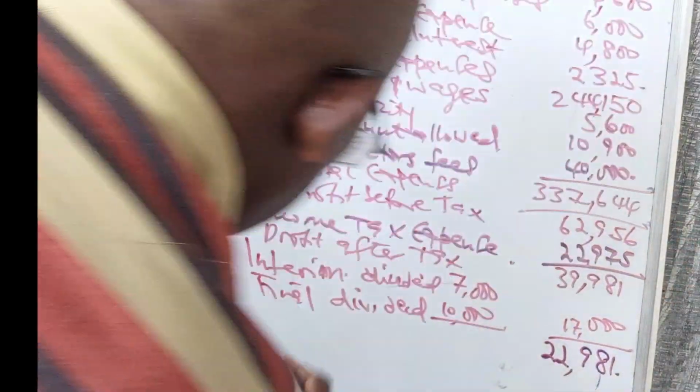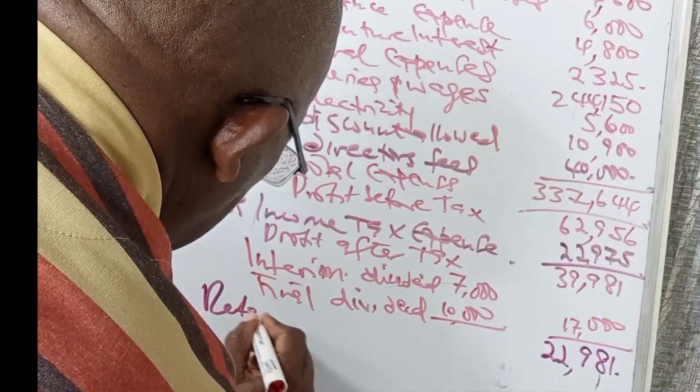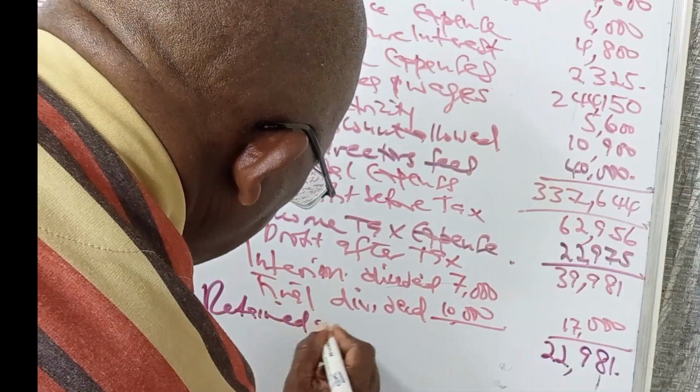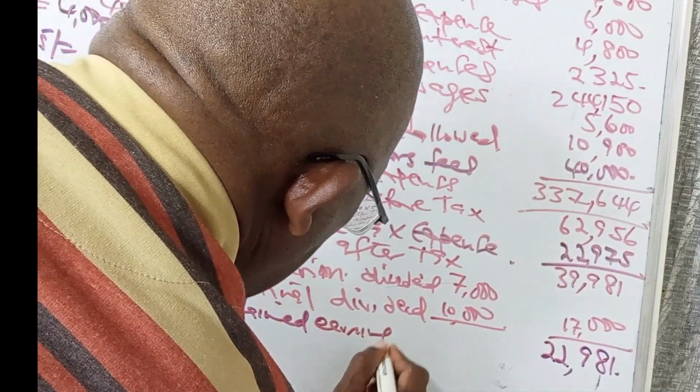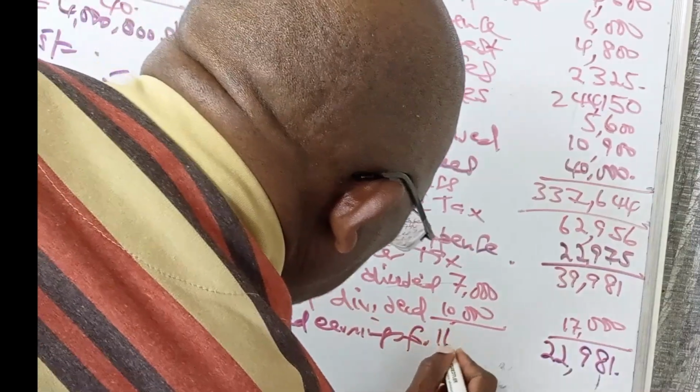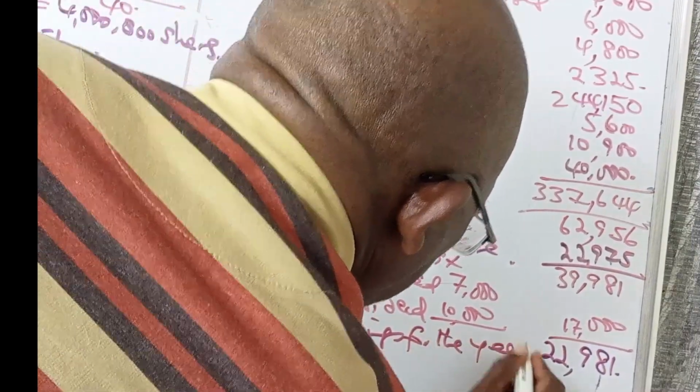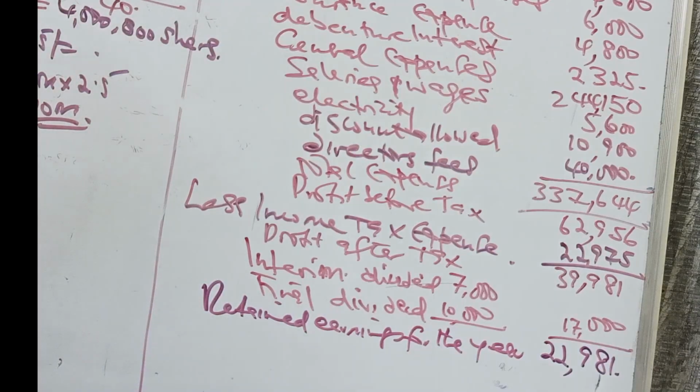You get a figure of retained earnings, 22,981. That is retained earnings for the year. That's what we retained from this year. So we add retained earnings brought down. And I've always said that the word retained earnings can be used interchangeably with revenue reserves.